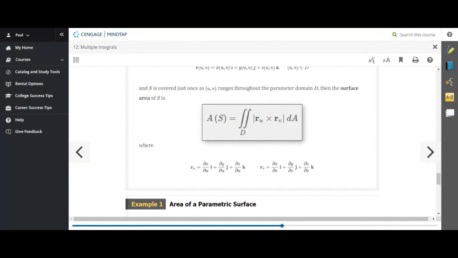This formula always works for any surface area, and it's the one I like to use. But sometimes the formula can be simplified if you have a function of two variables. If the surface can be written as a function of two variables, this formula can actually be simplified.